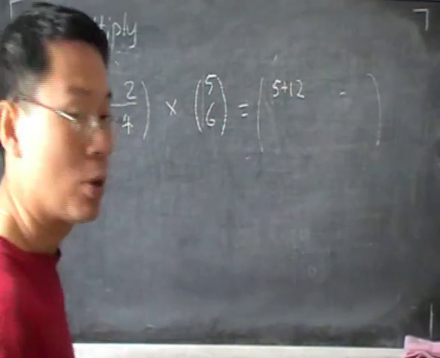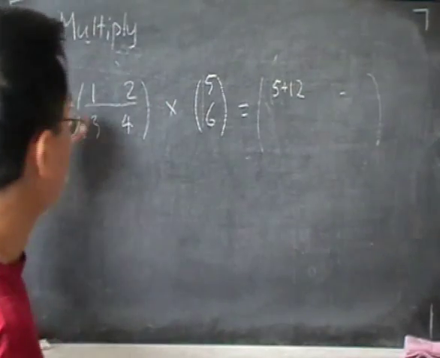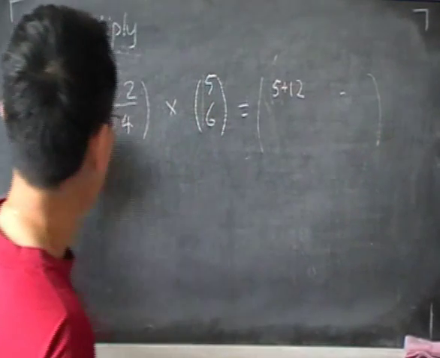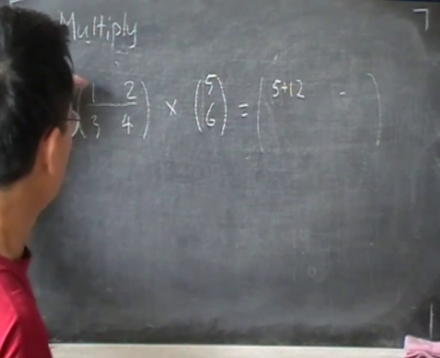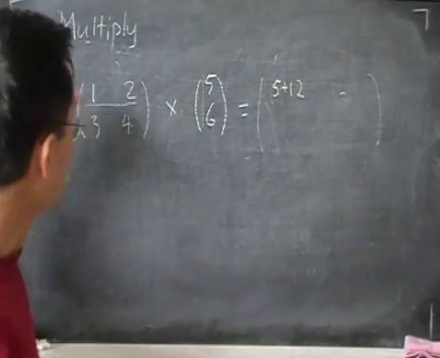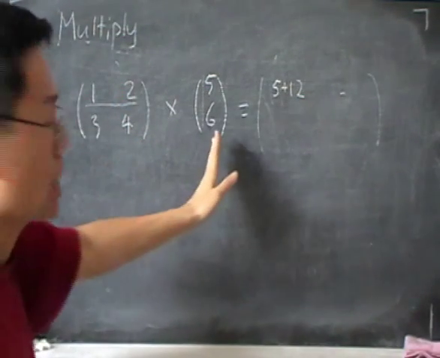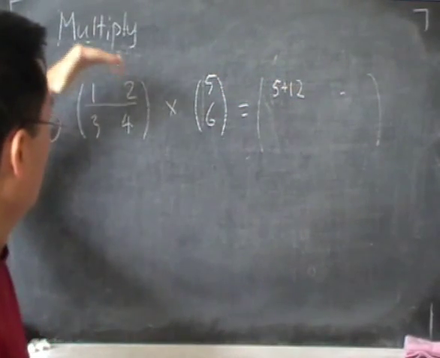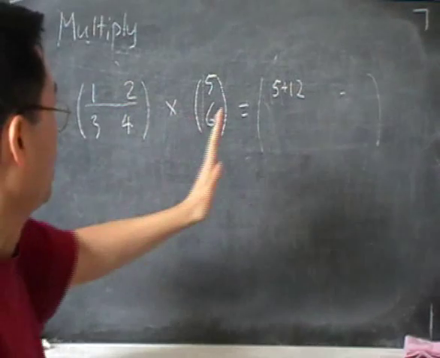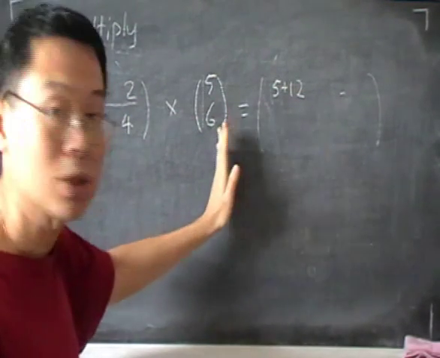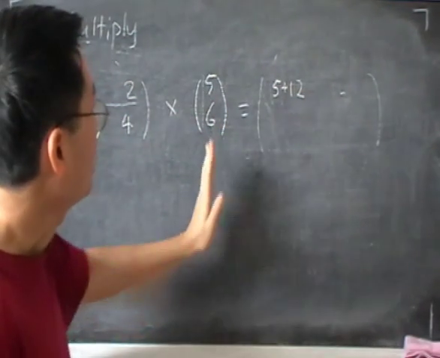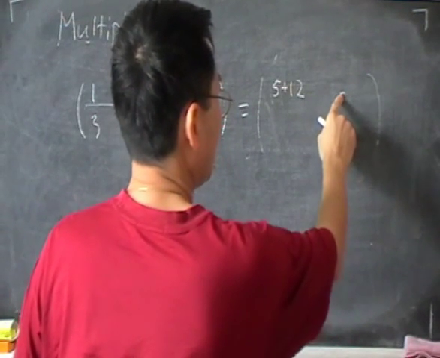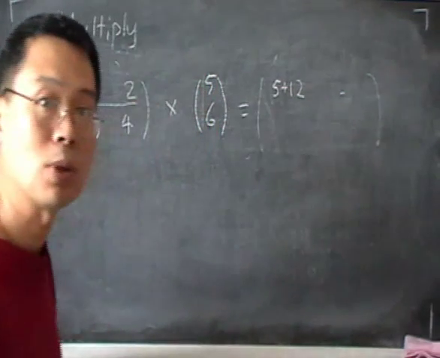From the idea in the last example, I should look at the numbers in the first row here and the second column there. But there is no second column here, there's only one column. What this means is that there is no number there.